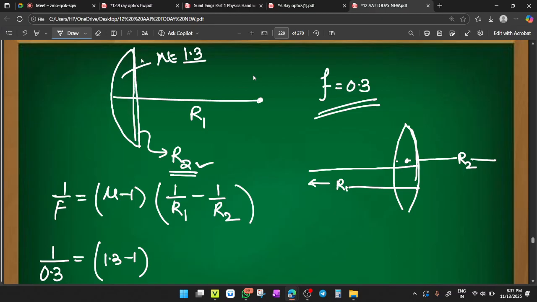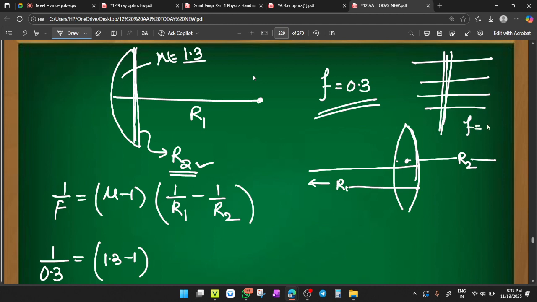This behaves like a flat surface, okay, a transparent slab. A transparent slab passes all the light, perpendicular light, undeviated. So you can consider that the radius of curvature is at infinity.